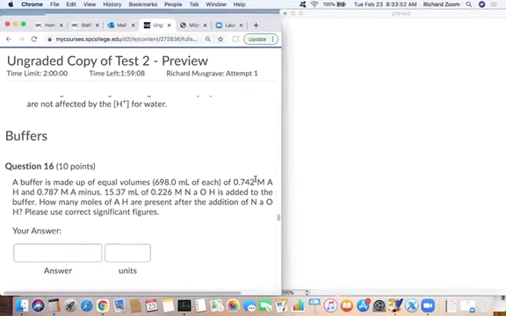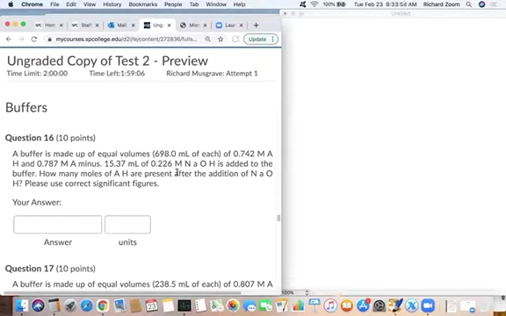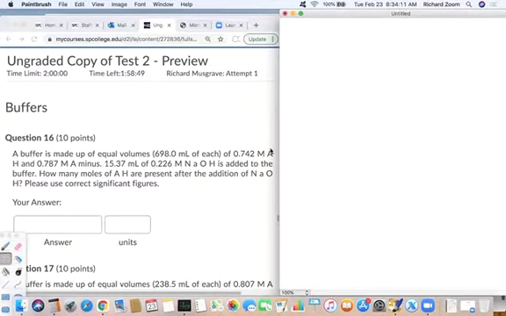So let's look at question 16. A buffer is made up of equal volumes, and it gives you the volumes here, of AH and A minus. And then it tells you that a certain amount of sodium hydroxide is added to the buffer. How many moles of AH are present after the addition of NaOH? It says please use correct significant figures as well, and because it said that, you should do it.